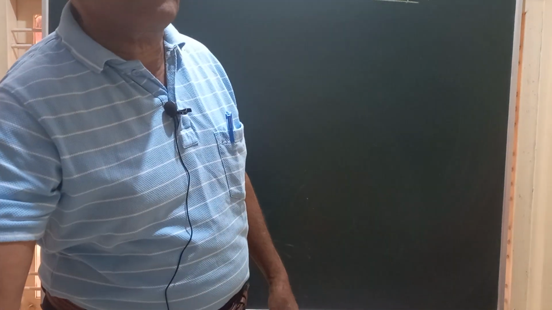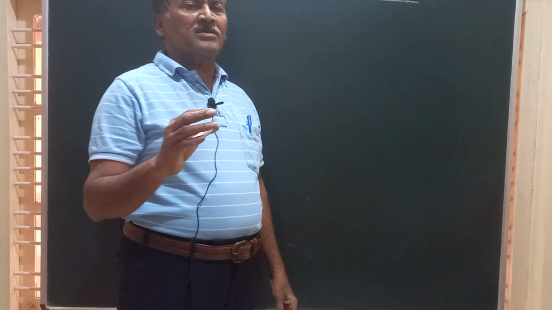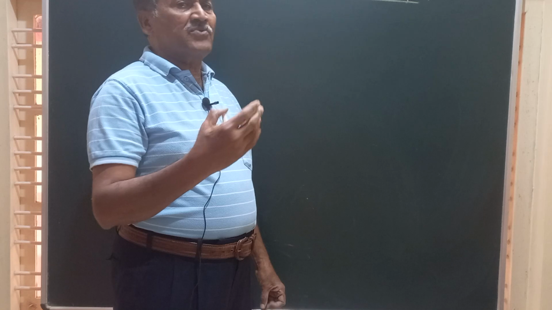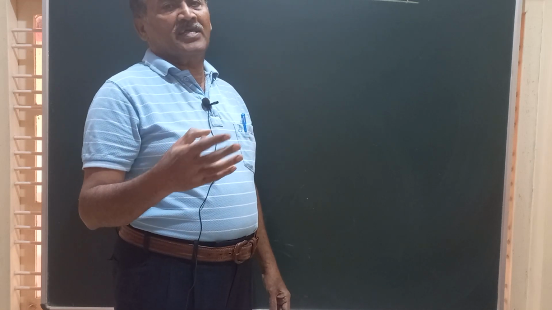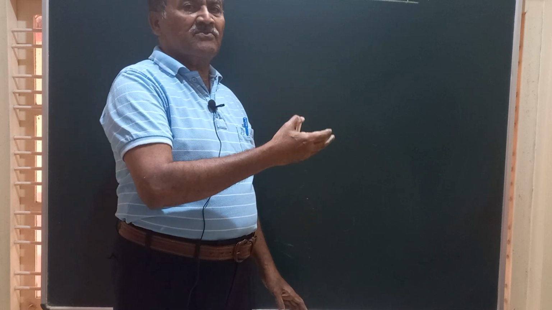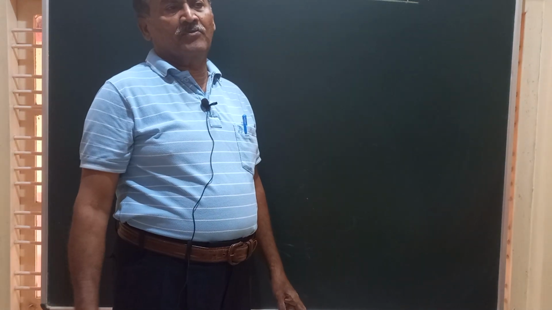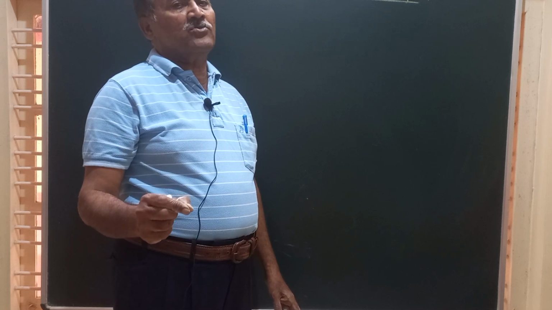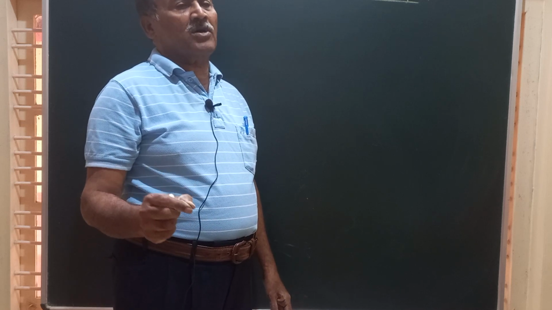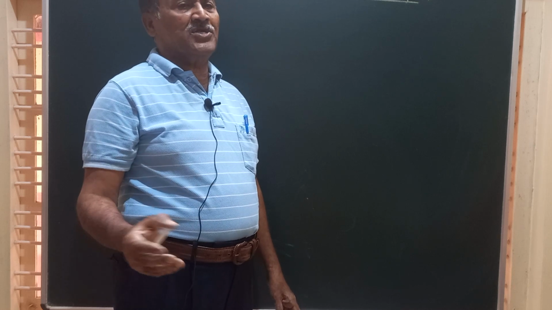So whenever the line is inclined to both HP and VP, it is not seen in its true size either in the front view, the top view, or the end view. So we are going to work out a number of such problems when the line is inclined to both HP and VP.